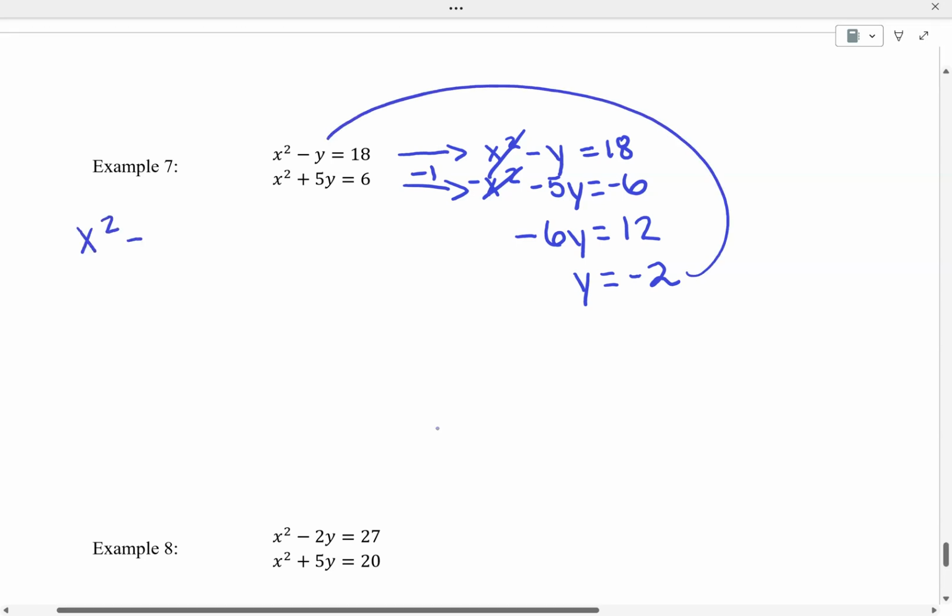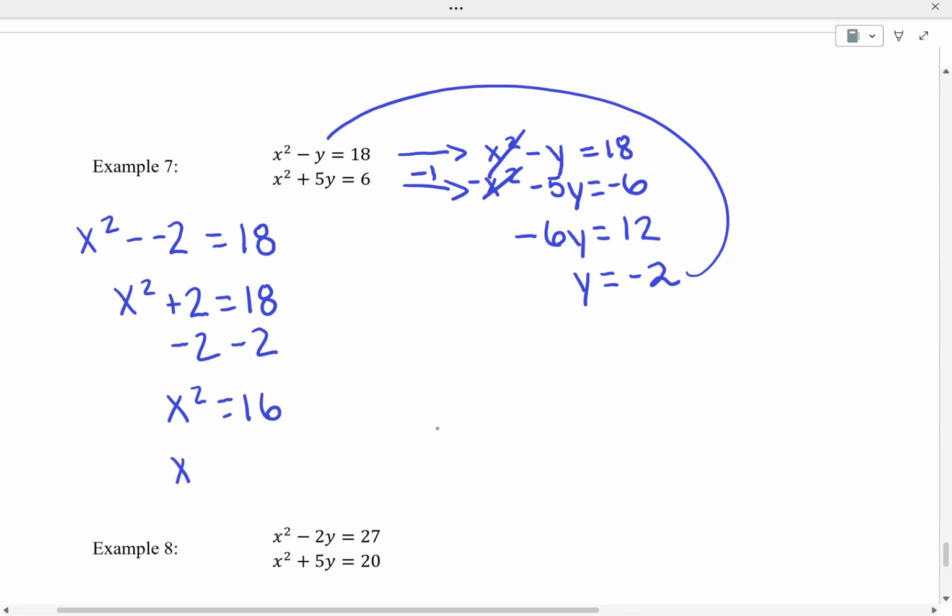So x squared minus a negative 2 would be, oops, I accidentally wrote a y. So x squared plus 2 equals 18 minus 2. We get a 16. And of course, when we square root that, we get plus or minus 4.